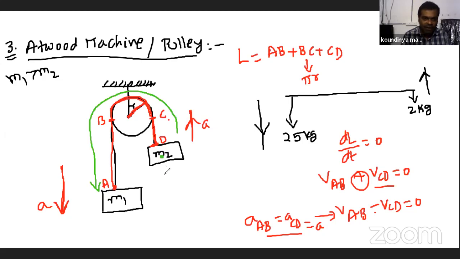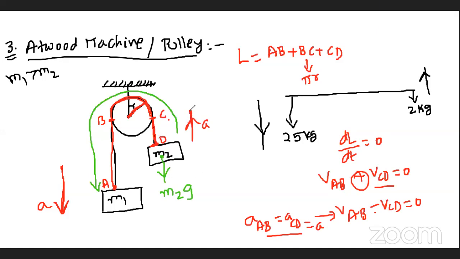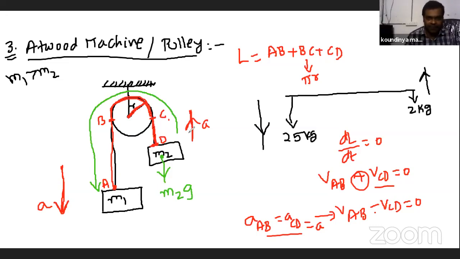Here the weight will act for M2, that is M2G, and there is a motion in the upward direction. Now this object M2 is suspended from the pulley such that the pulley is connected to a fixed rod. So we have a tension acting towards the point of suspension of the pulley.